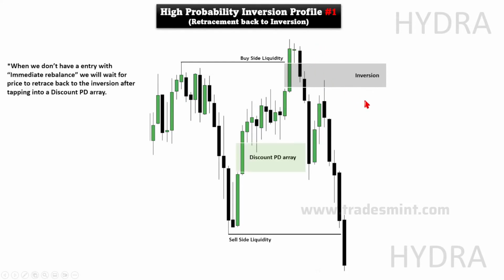Do you guys have any question? If you guys have any question, feel free to ask me. When we don't have an entry with immediate rebalance, we will wait for price to retrace back to the inversion after tapping into a discount PDRA. Okay, so this is what's happening. If price is not showing any willingness to retrace after hitting a discount PDRA, we won't consider taking any new entry.